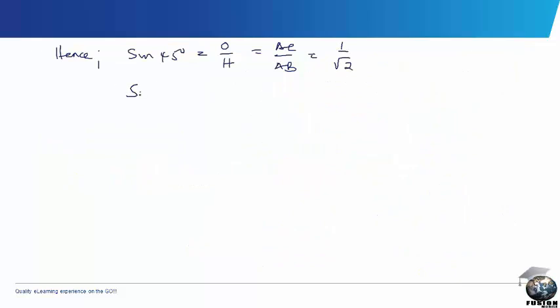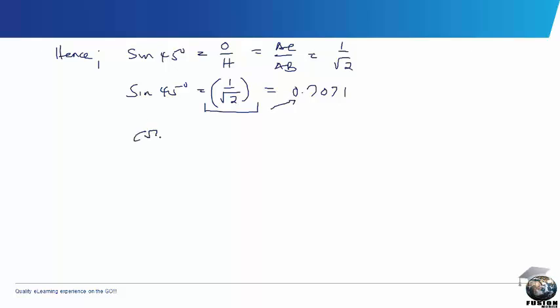Therefore sine of 45 degrees is equal to 1 over root 2. If you punch this on your calculator, it gives you the fraction divided out, 0.7071, which is the same thing.